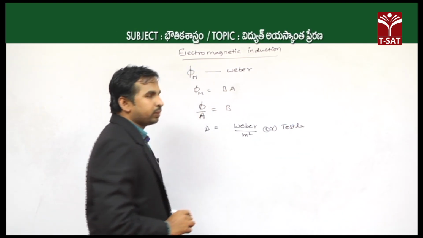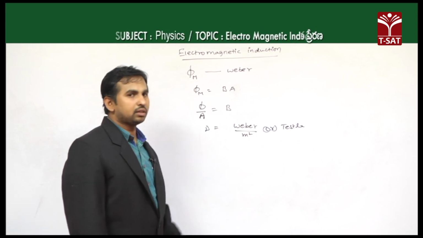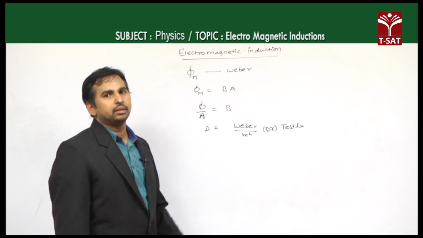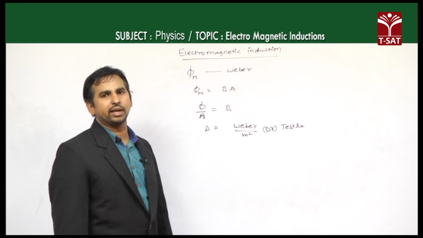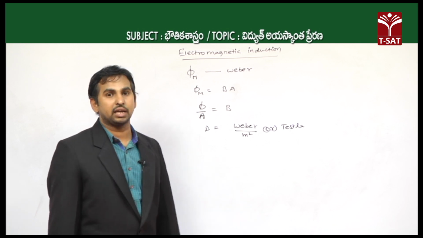The magnetic flux per unit area is the magnetic field strength, whereas magnetic flux is the number of magnetic lines passing over an area.